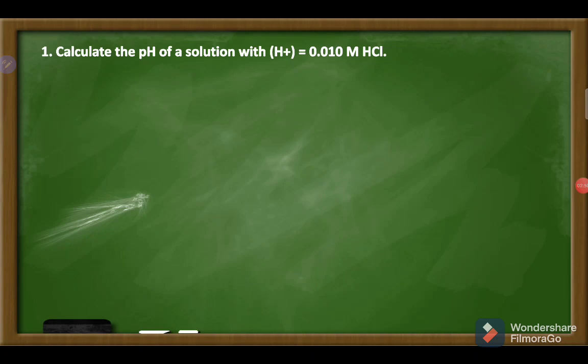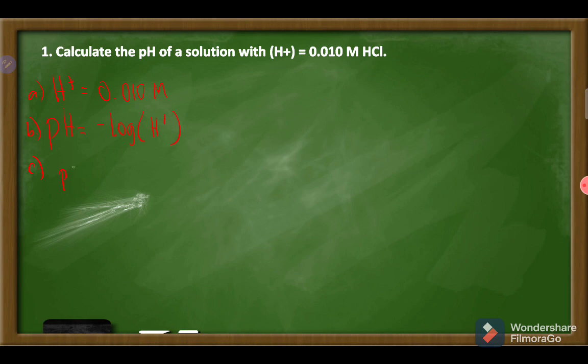So first we have this example. Let us write the given. We have here the molar concentration of the hydrogen ion, which is equal to 0.010 molarity. Using the solution, pH is equal to the negative log of the hydrogen ion. This is for letter A, this is for letter B. Now we can substitute the values.